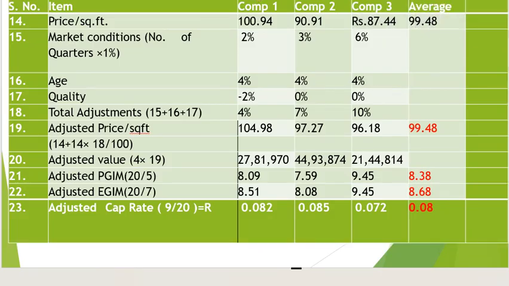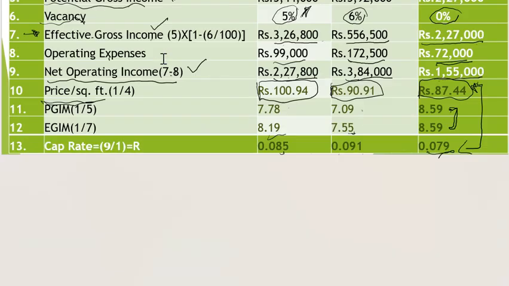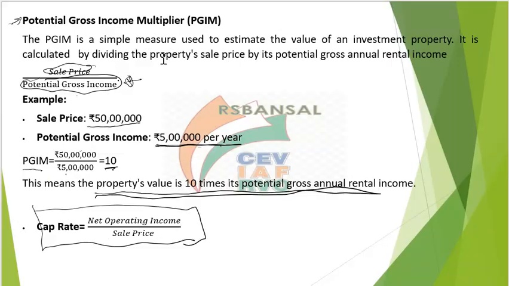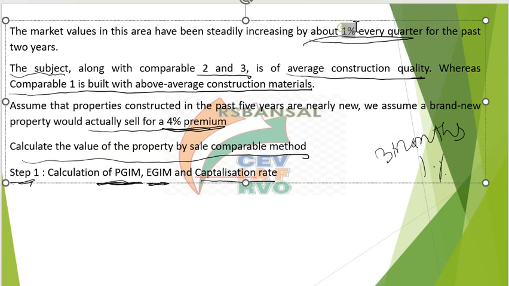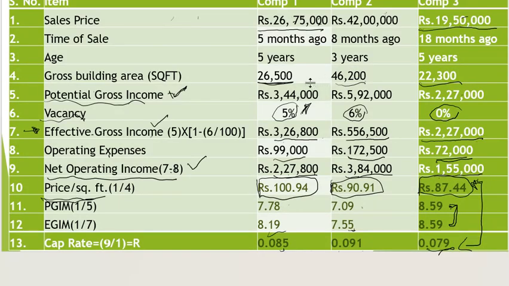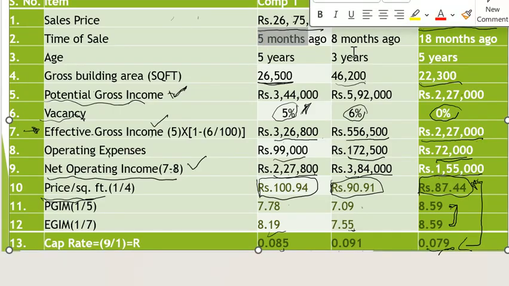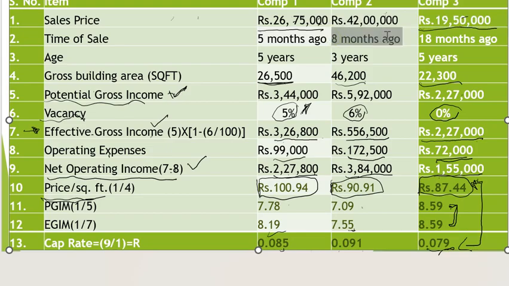Now market conditions, number of quarters into 1%. What is given is that prices are increasing by 1% every quarter. Every quarter means, this was sold 5 months ago, approximately 2 quarters. It was sold 8 months ago, approximately 3 quarters.